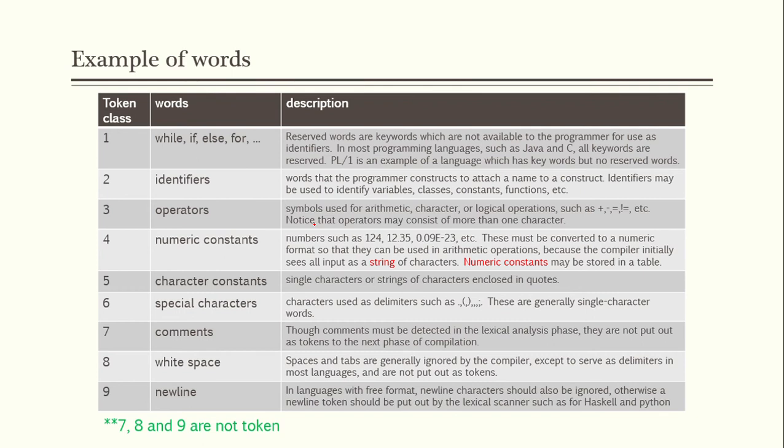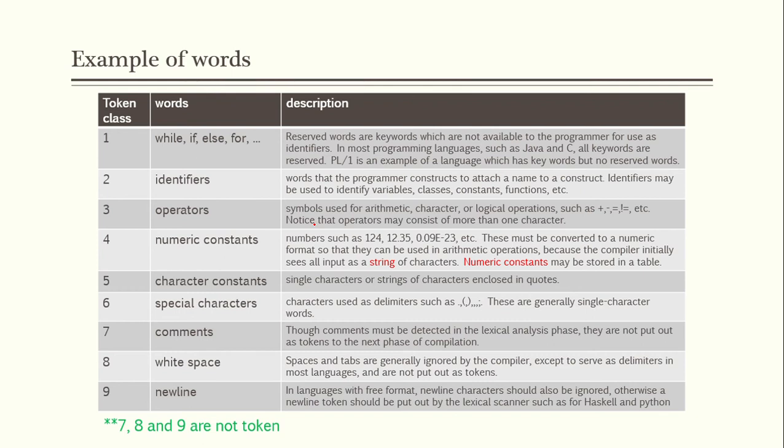Class number 5 is a character constant, a single character or string of characters enclosed in quotes. Number 6 is a special character, such as any symbol, delimiter, bracket, comma. This generally is a single character. Number 7 is comments.